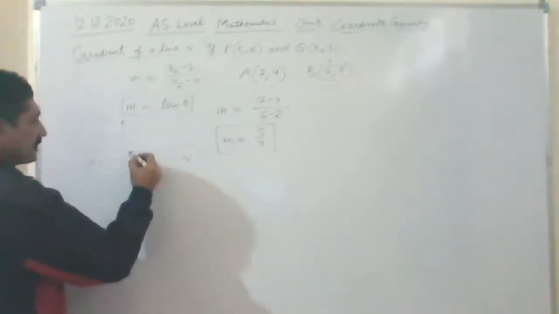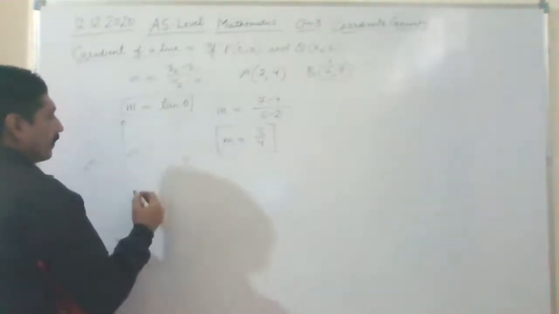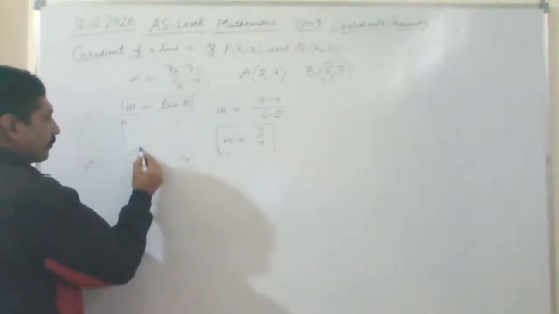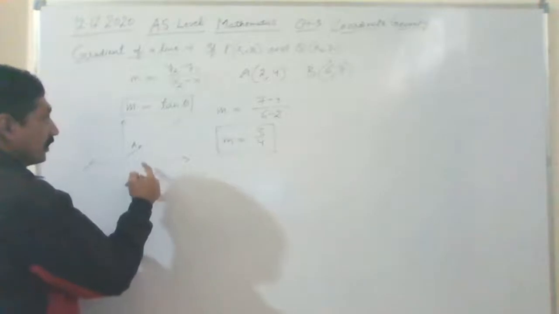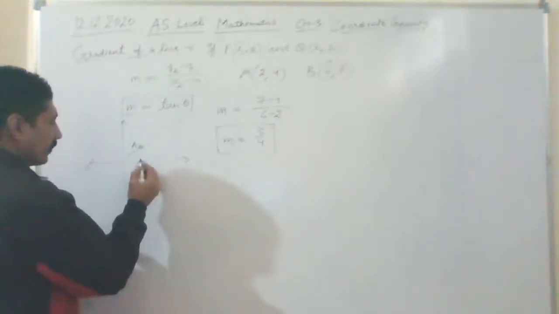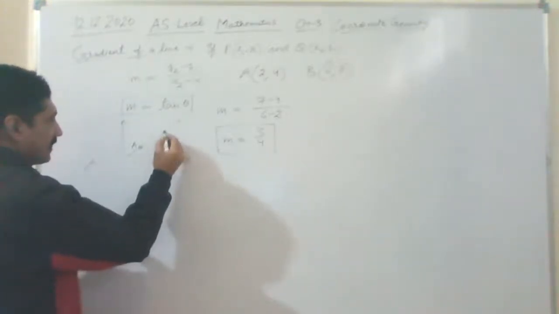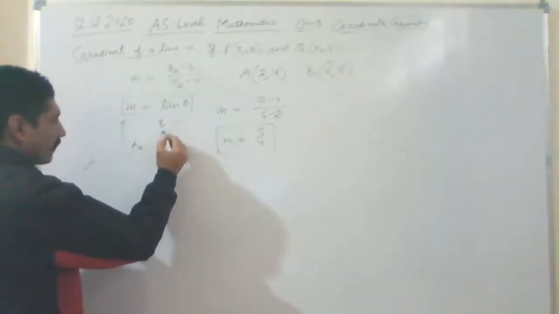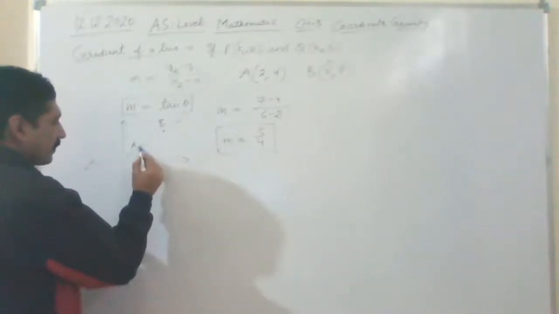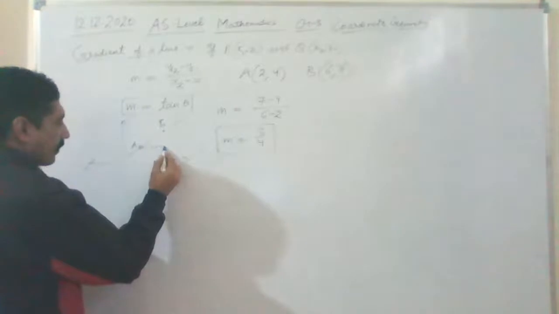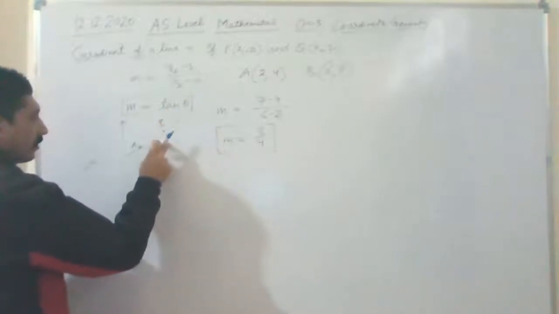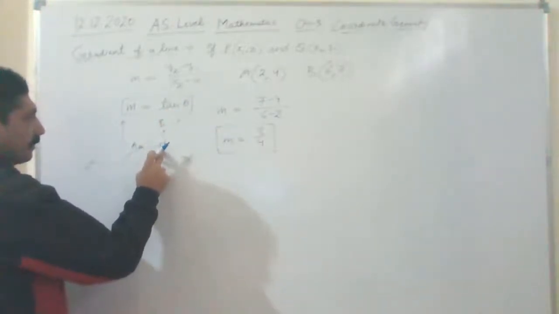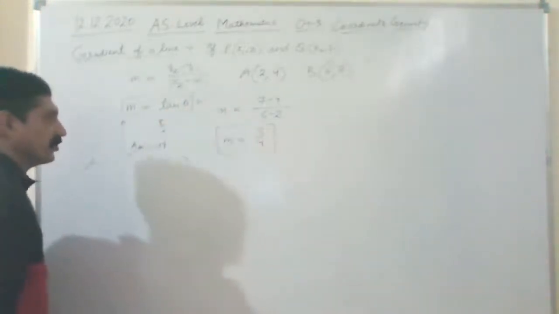And suppose this is a line, and here A is your 2, 4 and B is 6, 7. So this side, perpendicular upon base, is your tangent of theta.